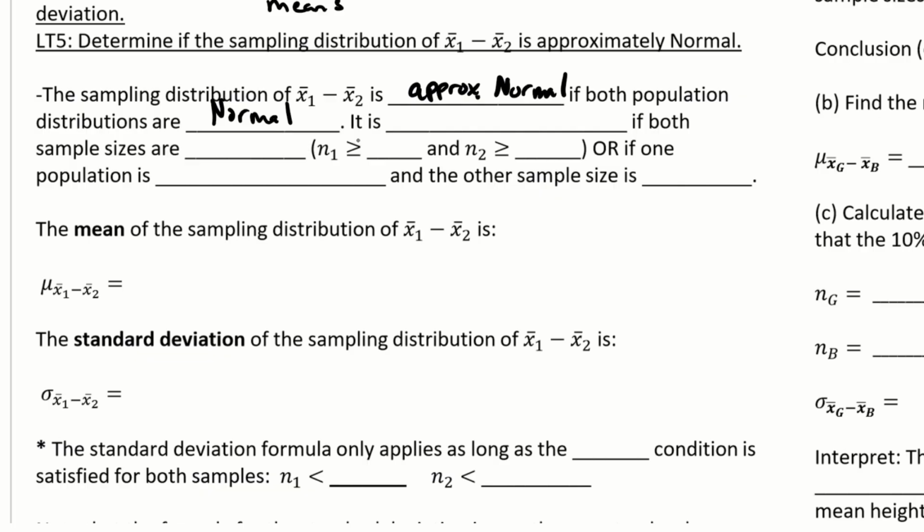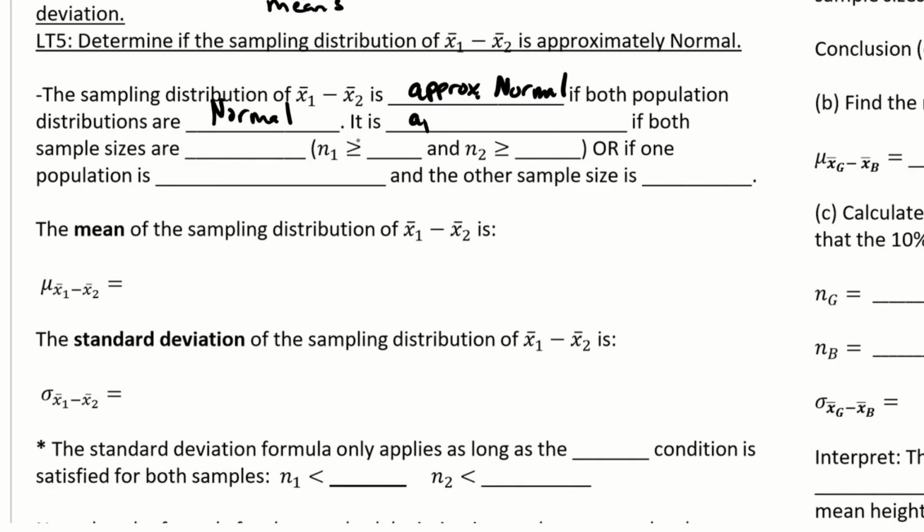If, for example, none of them are normal for the original distribution, then the x bar 1 and x bar 2 will be approximately normal if the large counts condition applies. If one of the populations is normal and the other population is not, then it's okay. You'd have to have a large enough sample size for the one that was not normal. Okay, so any of these combinations will work.